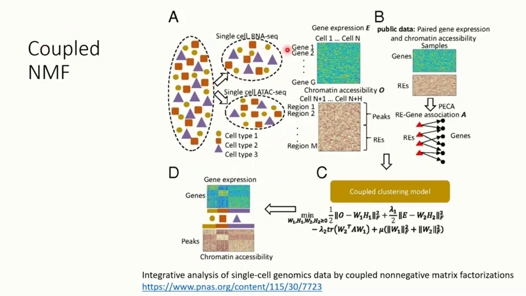You can do this for two separate data sets, but this algorithm will produce these small matrices considering both matrices at the same time. So you cannot freely choose the values you want to approximate the original data, but you have to consider both data sets at the same time. That's why it's called coupled, and you have this and that at the same time. You try to approximate both.